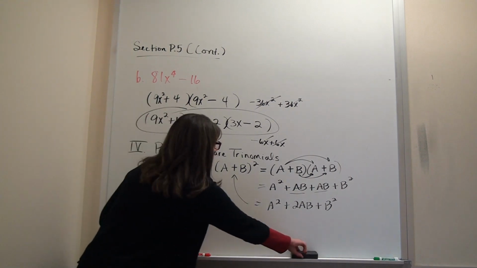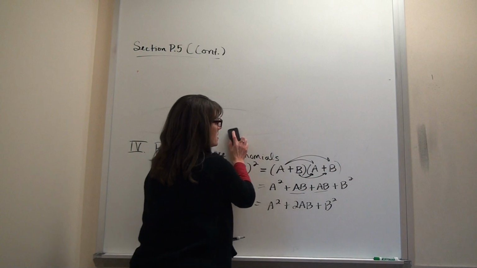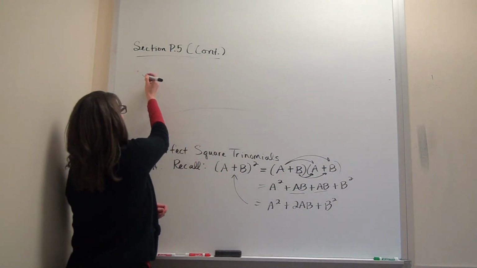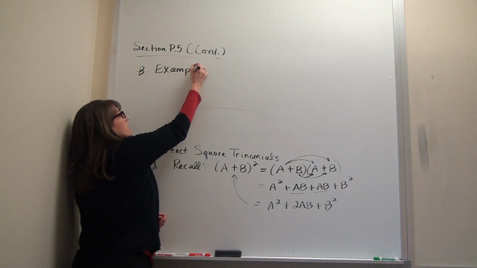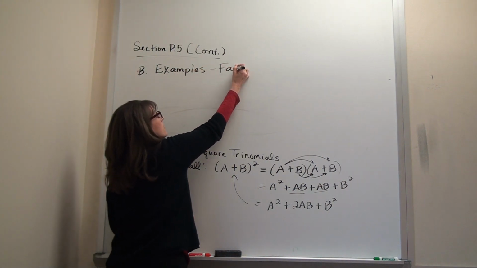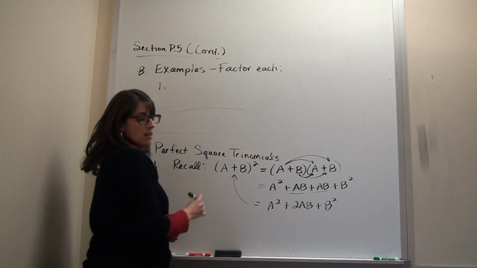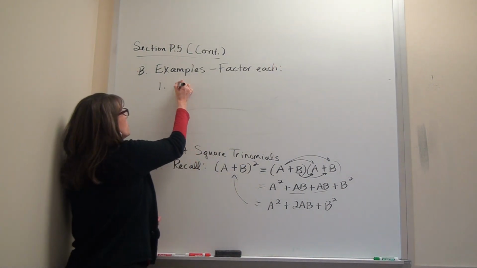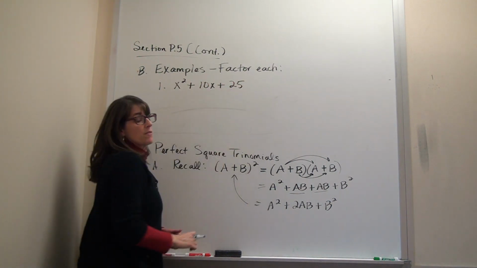Now, if you have an example of a perfect square trinomial that needs to be factored, let's say, for instance, that you've got an x squared plus 10x plus 25 that needs to be factored.